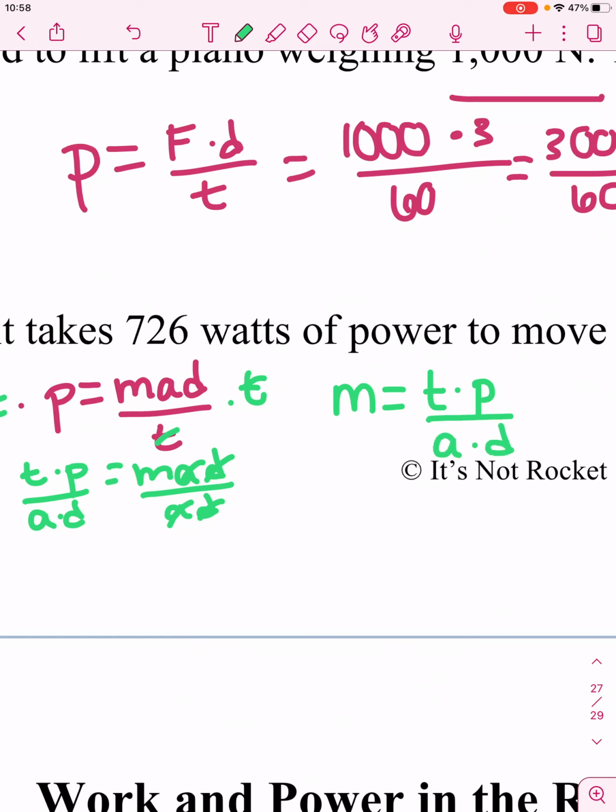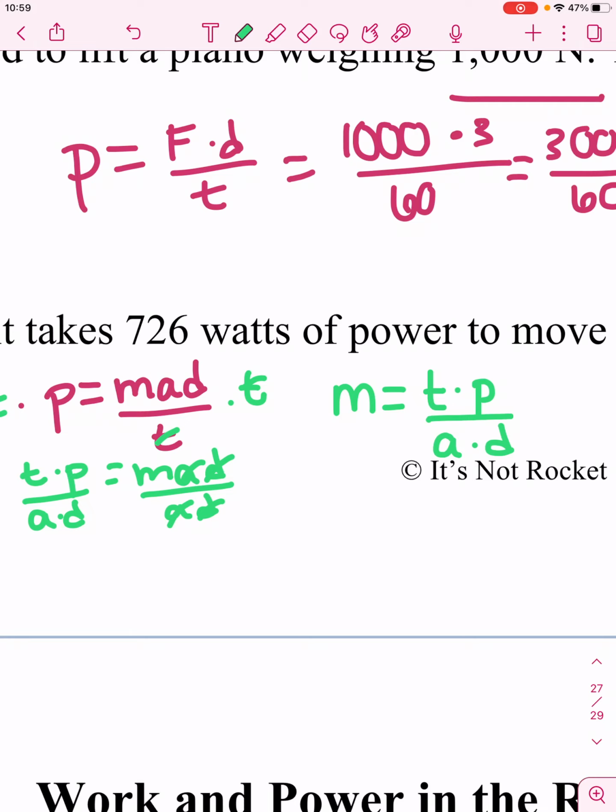And as always, if you're the type of person that really likes to put the numbers in there first, that's fine with me. I just caution because sometimes with all the numbers in there, they can get a little bit confusing too. So now I have to just identify my other letters here. As far as time goes, time was 14 seconds.